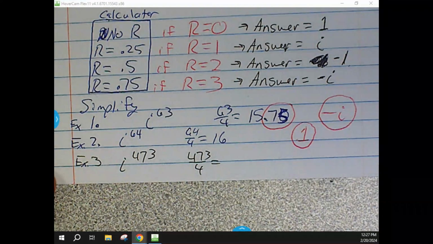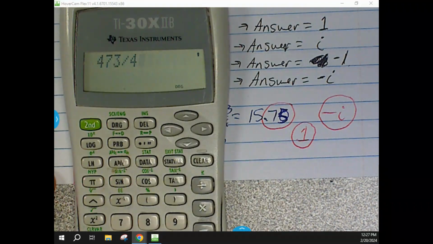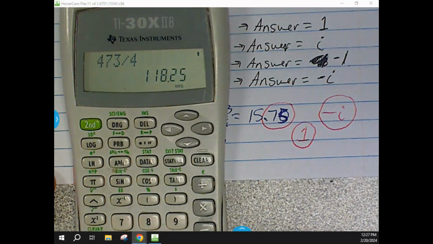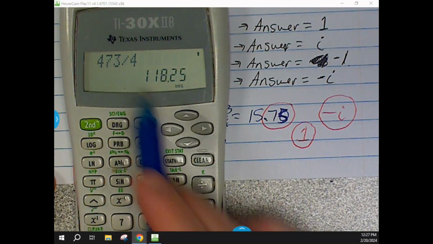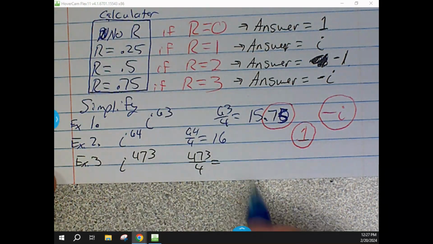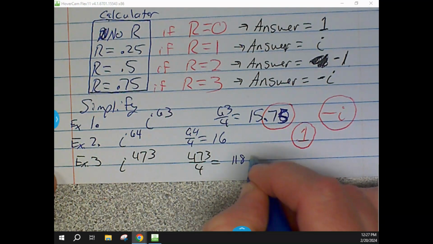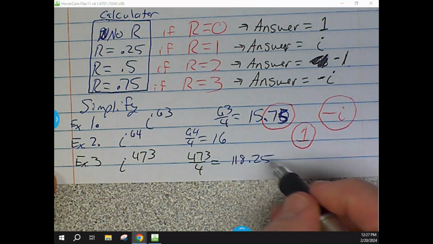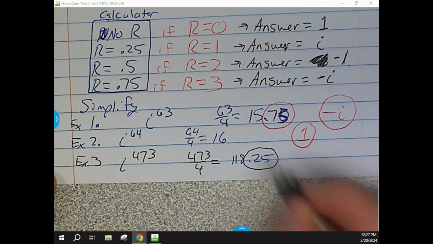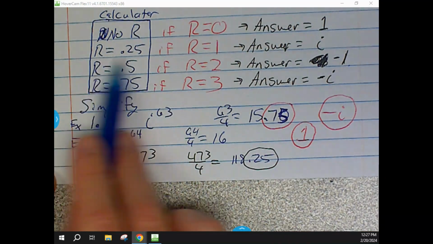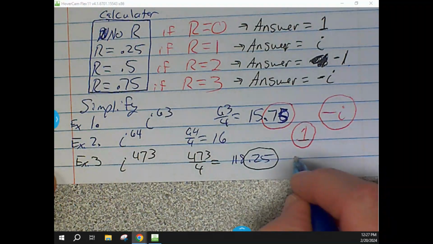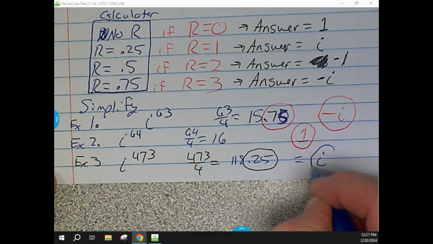That's going to be 118.25. And again, we don't really care about the whole number part. It's the 0.25. The big thing is that it's 0.25. And since that is 0.25, the answer is going to be i.